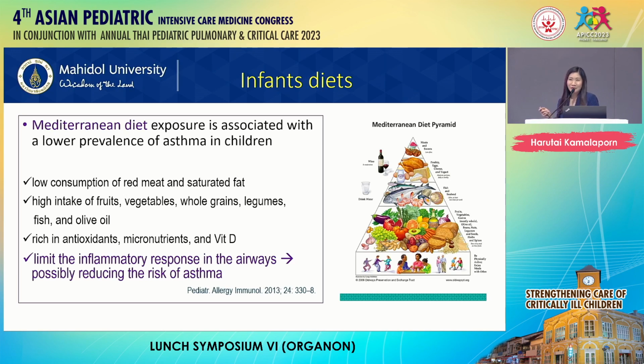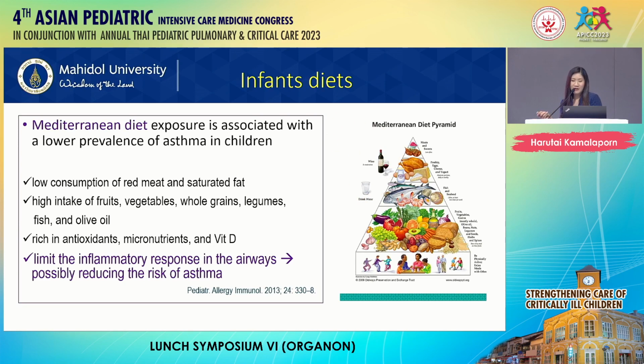Unfortunately, Thai food is not Mediterranean food, because the Mediterranean diet is composed of a very high amount of vegetables, avocado, oil, legumes, whole grains, something like that. And the meat is usually fish and shrimp. Eat less red meat, okay, and drink some wine, okay.